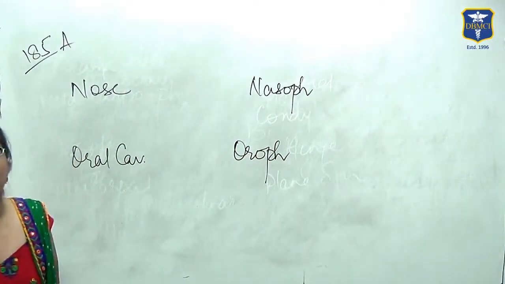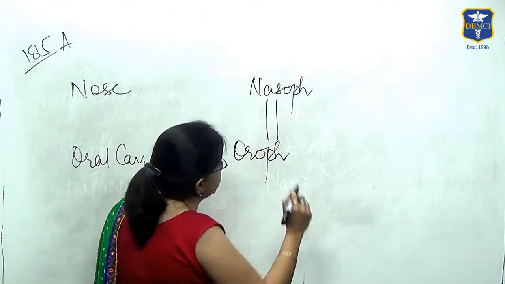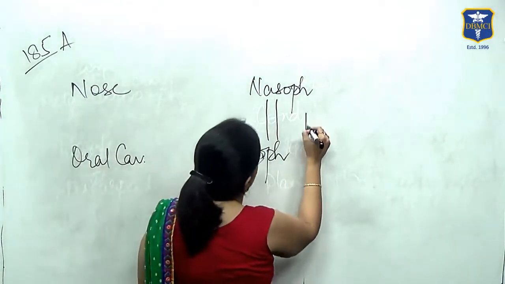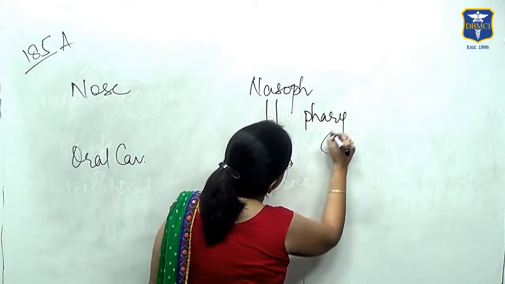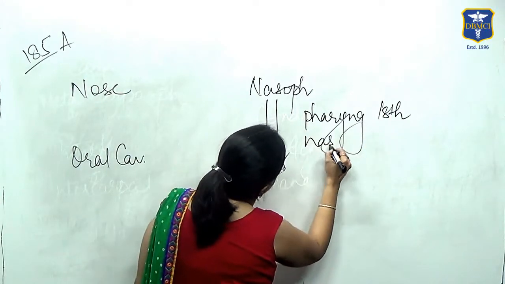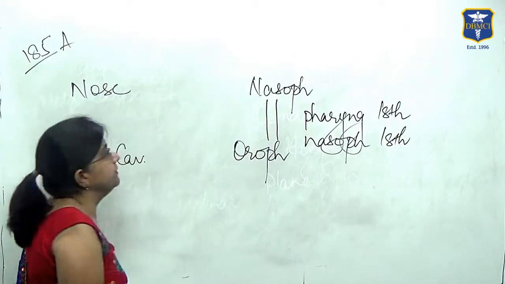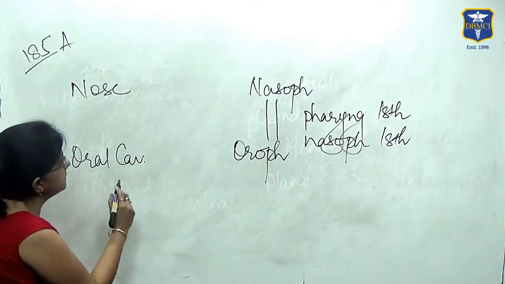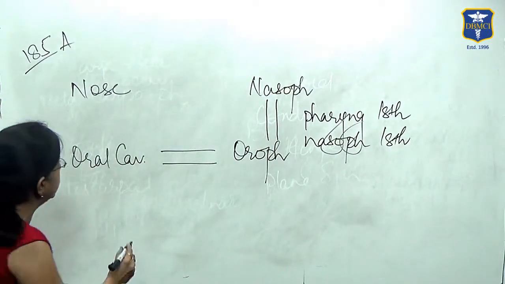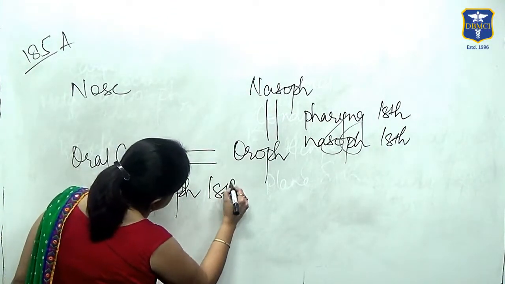Now the gate or channel which forms a communication between the nasopharynx and the oropharynx is called the pharyngeal isthmus, or the nasopharyngeal isthmus. Whereas the communication between the oral cavity and the oropharynx is called the oropharyngeal isthmus.